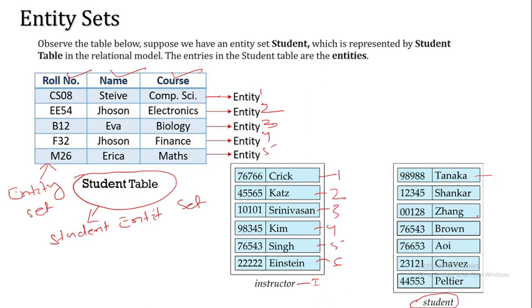This is the entity set, and these are the entities. So this is how we differentiate an attribute. These are the attributes, your roll number, name and courses, and they define each and every entity present inside your entity set.